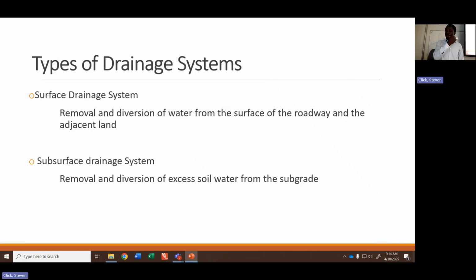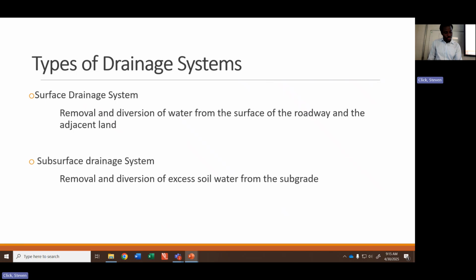As I said earlier, for managing drainage in highway systems, we have two major areas. We have the ones on the surface and the ones beneath the surface. The surface is mostly concerned with removing and diverting water from the surface of the roadway. Ditches, gutters, curb inlets, and also cross slopes all combine to help drain water from the road surface.